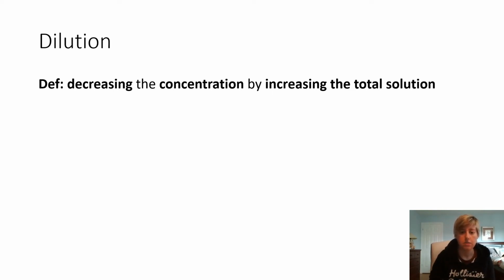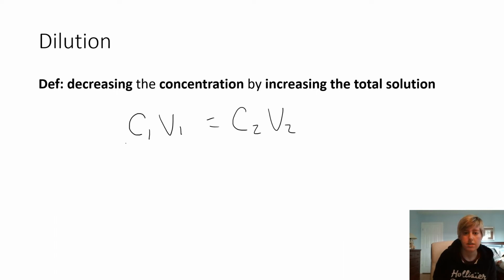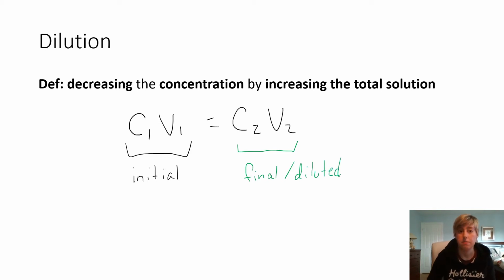Now, the equation for dilution is actually quite simple. C1 times V1 equals C2 times V2, where C1 and V1 are my initial concentration and volume, and C2, V2 are my final or diluted concentration and volume.